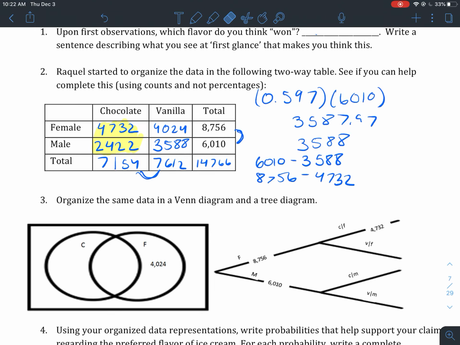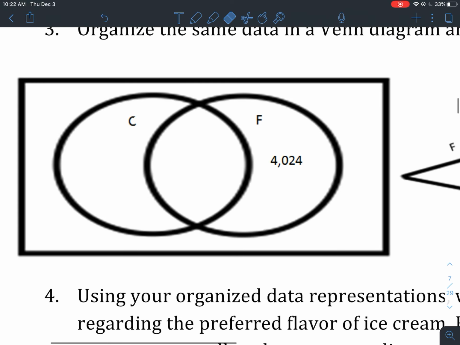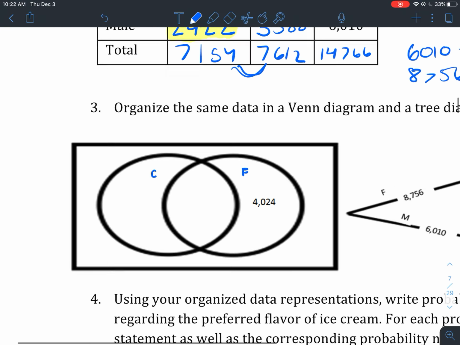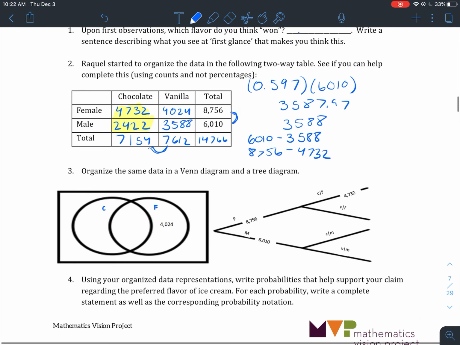So then we're going to go ahead and try this Venn diagram. The way that a Venn diagram works, the C stands for chocolate. The F stands for females. So what we have here is females that did not choose chocolate, right?